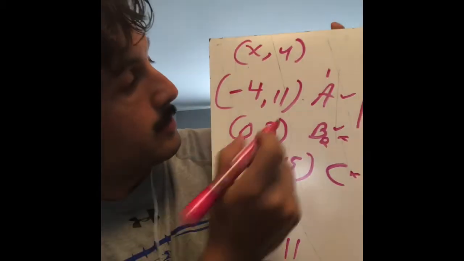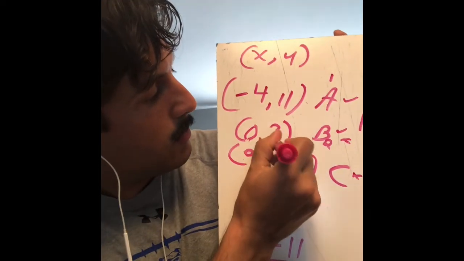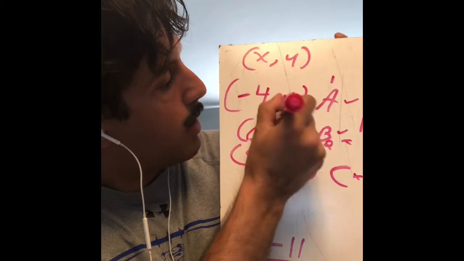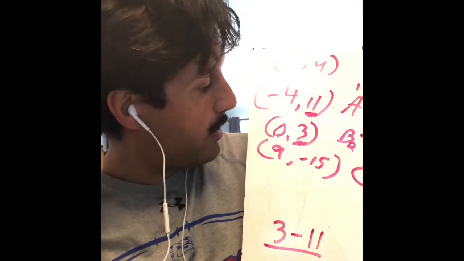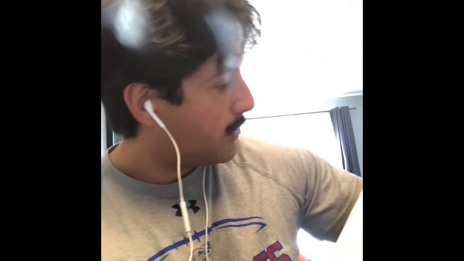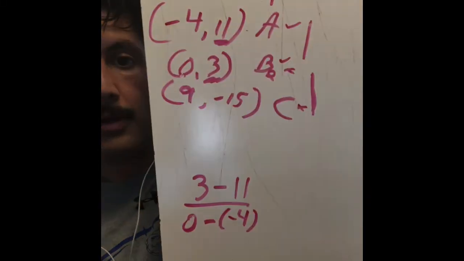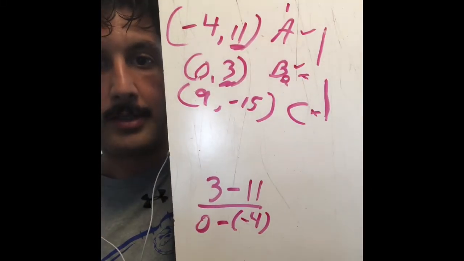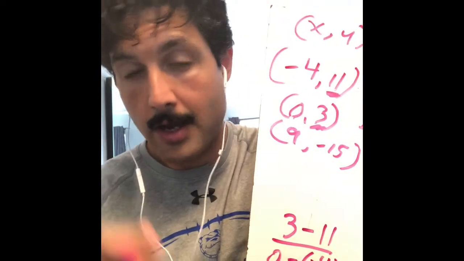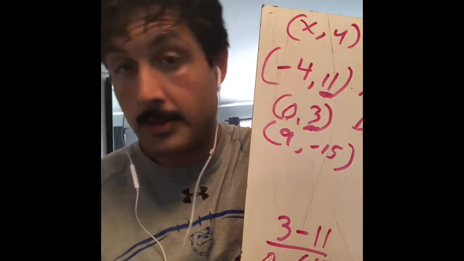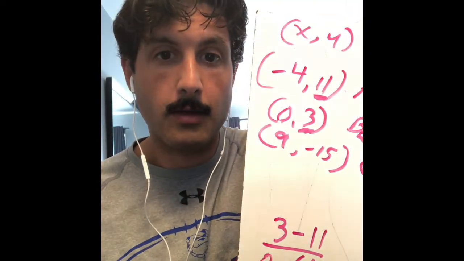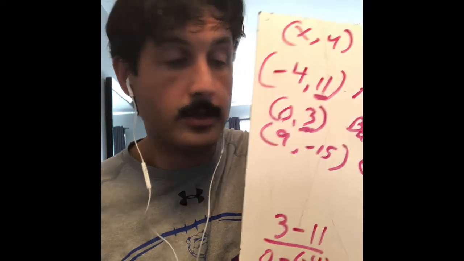So 3, y2, minus y1, 11. Now we need x2, which is 0, and x1, which is negative 4. So 3 minus 11 over 0 minus negative 4. Remember, 0 minus negative 4 is two negatives going in succession, which makes it a positive.